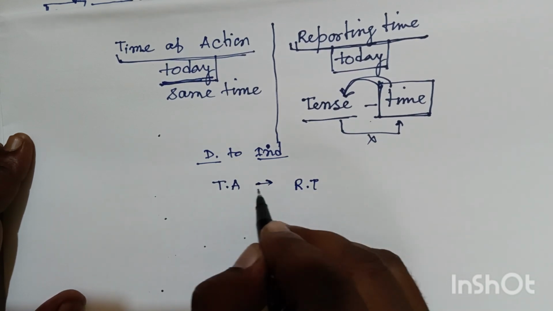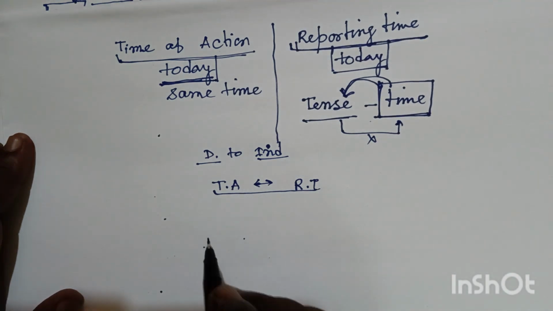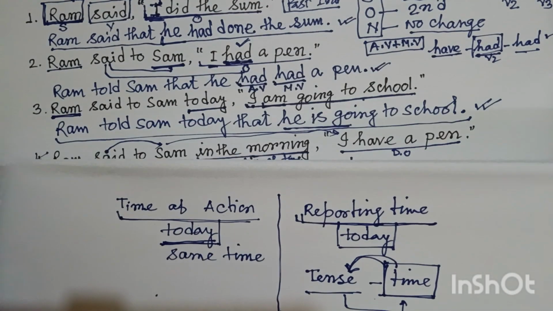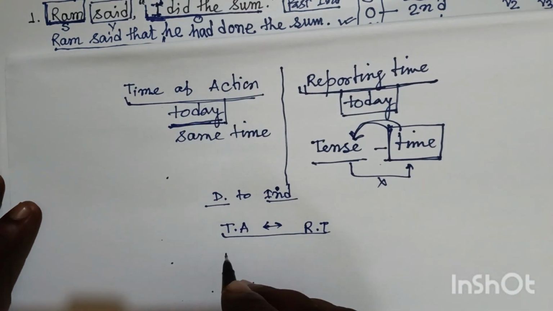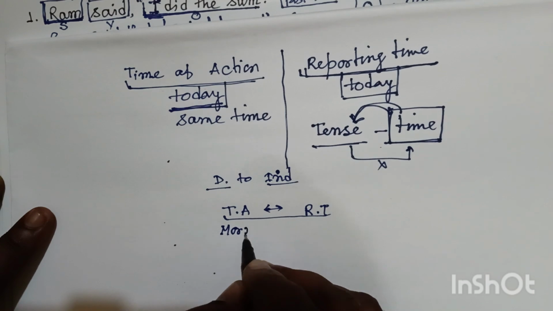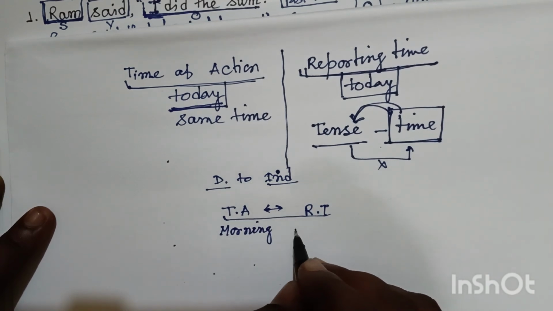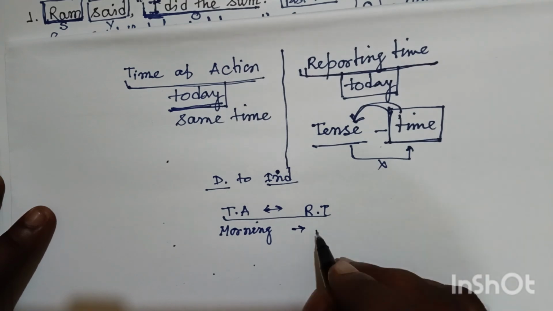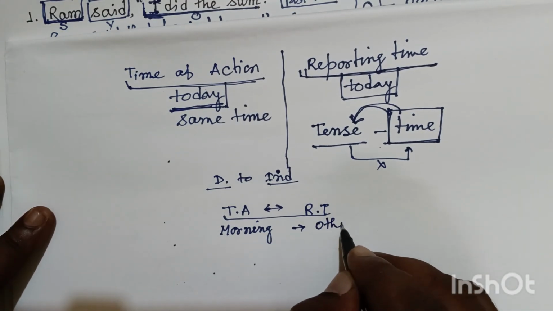Always relate it. After that we change it. Here you can see "Ram said to Sam in the morning." That means the time of action is morning. And reporting time, obviously, will be other than morning.